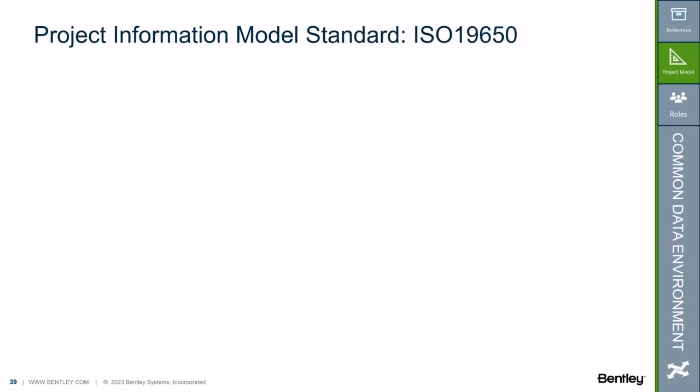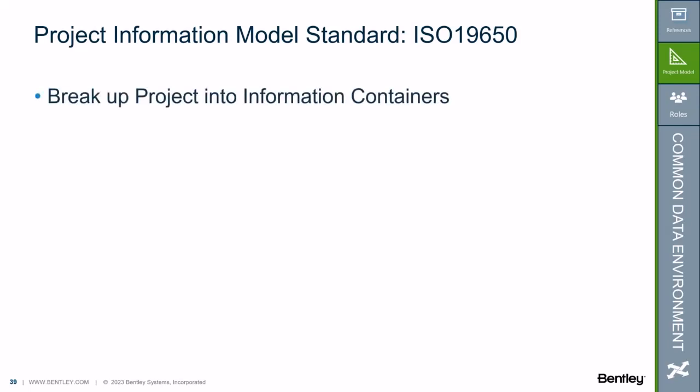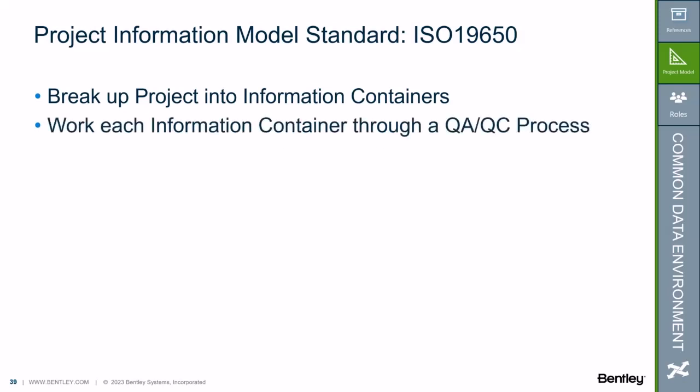And as Don also said, for this project, we dove deep into ISO 19650, as it's the industry standard approach to deliver a project information model during project delivery. The ISO 19650 methodology consists of 2 key principles. The first is to break up the project into information containers.